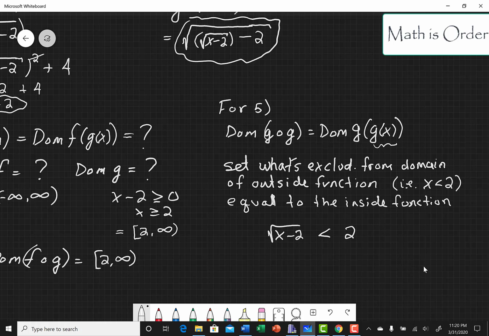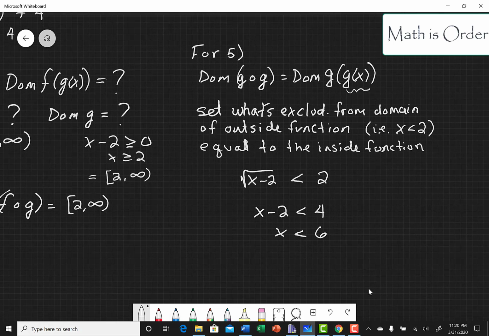All right, so let's see how we do this. Here I want to get x by itself, so I'm going to go ahead and square both sides. And this will give us x minus 2 is less than 4. So x is less than 6. So this x less than 6, along with x less than 2, both of these cannot be in the domain of the composition function, right?